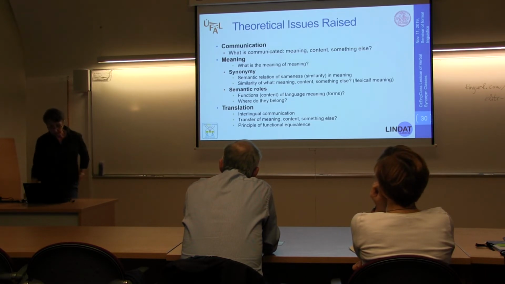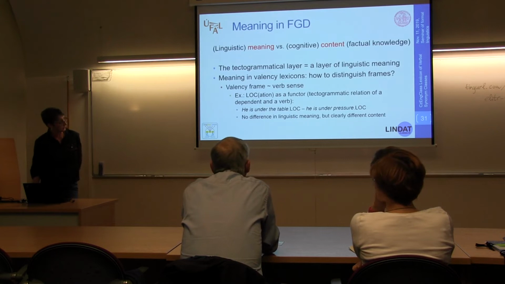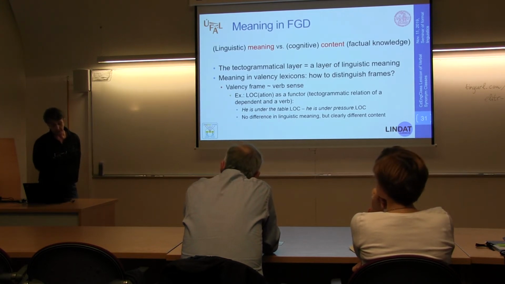Well, we could discuss those for a long time, but since we are working with the functional generative description theory, we would like to see how this theory approaches meaning and content. From the beginning, the functional generative description is very strict.